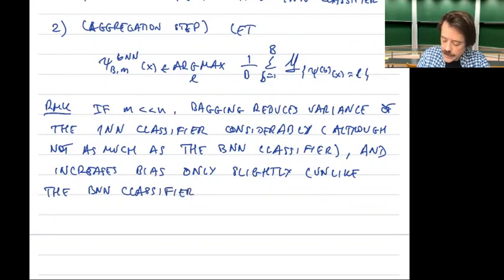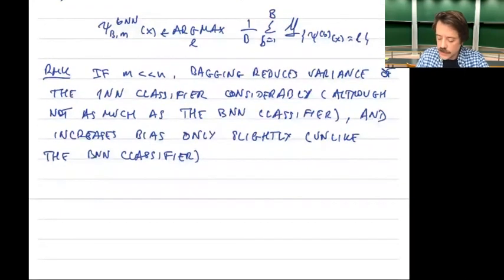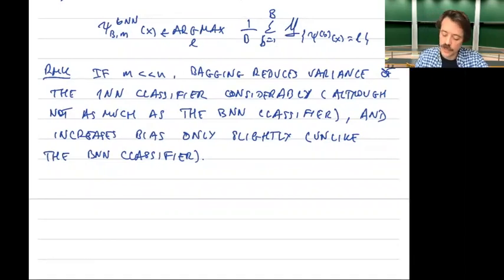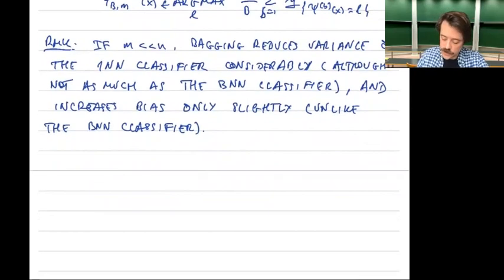So then the question stands, well, I can tell you that it is better than the BNN classifier. And do we have any guarantees for the risk? Because it turns out that the risk is smaller than for the 1NN classifier. So yes, we do. Let me just introduce the result.